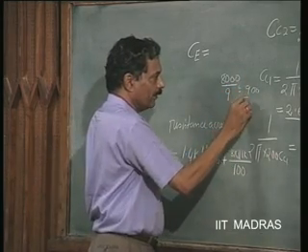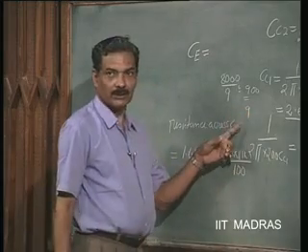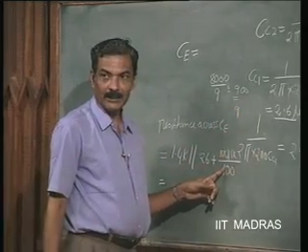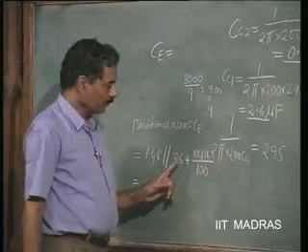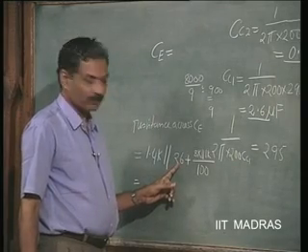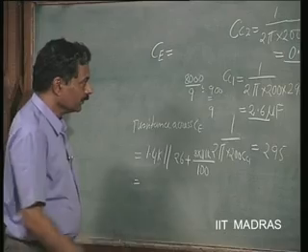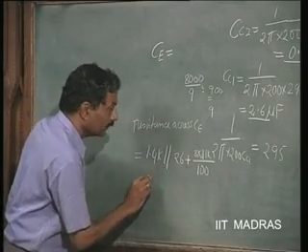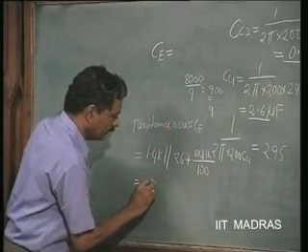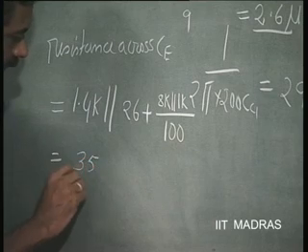So, this will be offering about 9 ohms, right, plus 26, 35 ohms. So, we can ignore the effect of 1.4K. So, this is about 35 ohms.